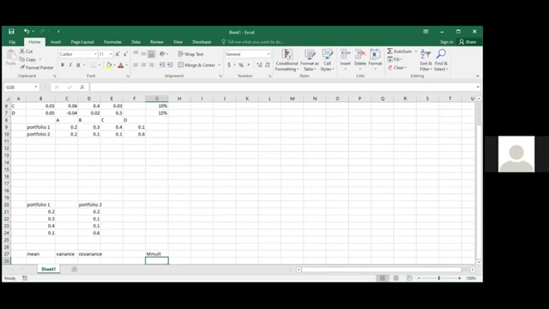Then first, you have to estimate the mean value of portfolio 2, portfolio 1, and the variance value of portfolio 2, portfolio 1.